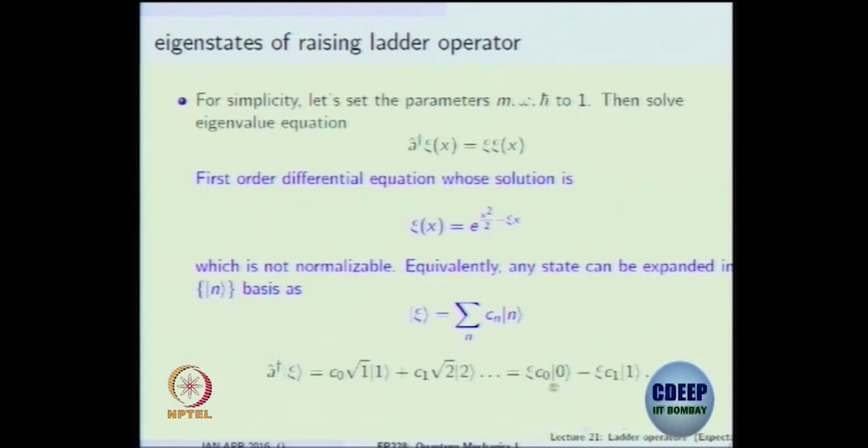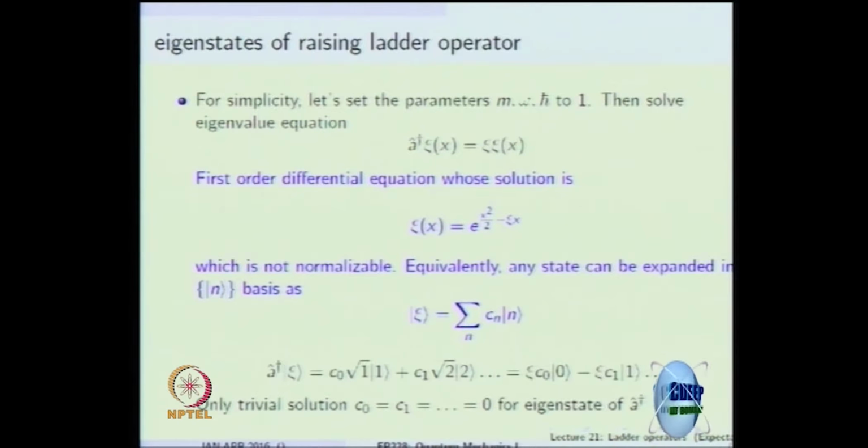If you put C0 to be 0, then ket 1 is gone, and then C1 has to be 0 and so on. What is the possibility? Only the trivial solution: C0, C1, and so on, all the coefficients are 0 for an eigenstate of A dagger.